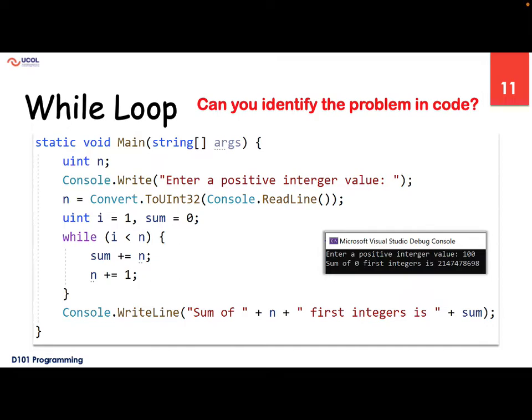So we need to be very careful about what we are doing in the body of the loop and what condition we are checking, and if we are not paying attention, we may end up in that specific situation. We are getting some answer at the end, but that is not the right answer that we are looking for. Got it?